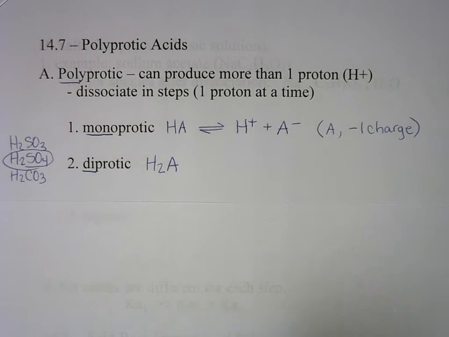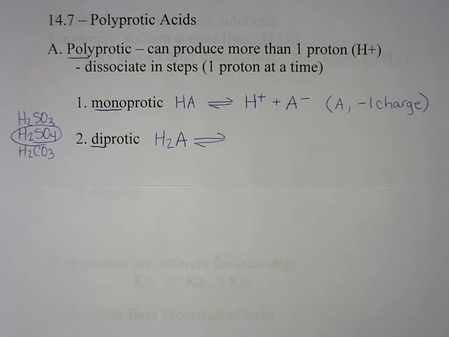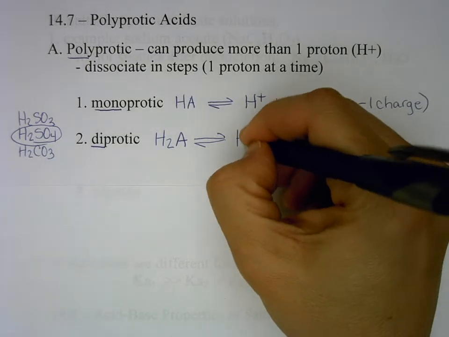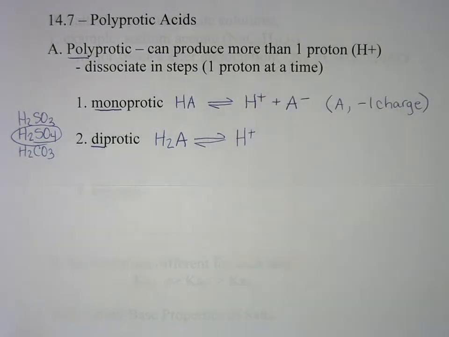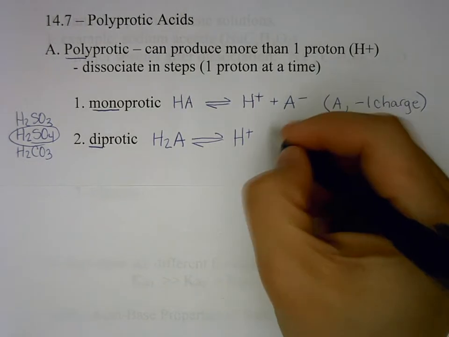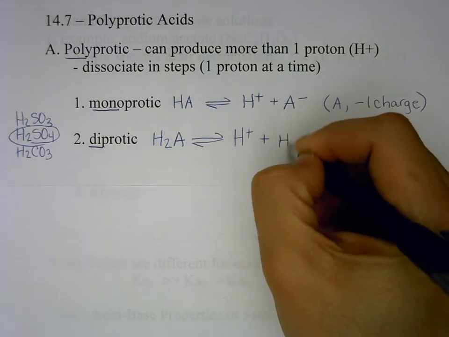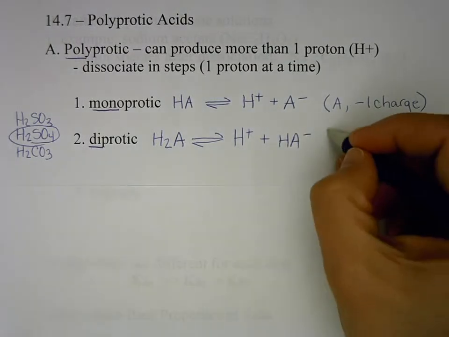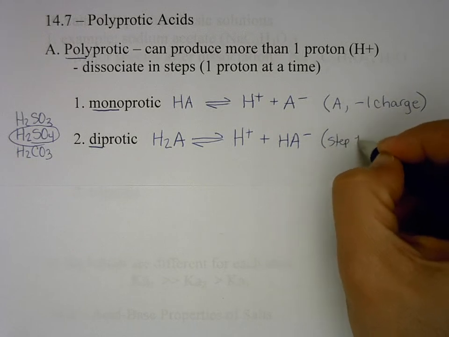H2SO4, okay? All you need to know about this is that diprotic acids dissociate in multiple steps. So the first thing that's going to happen is that one hydrogen is going to dissociate away from that, and you're going to be left with HA. That HA is going to have a negative charge. So that's step one.